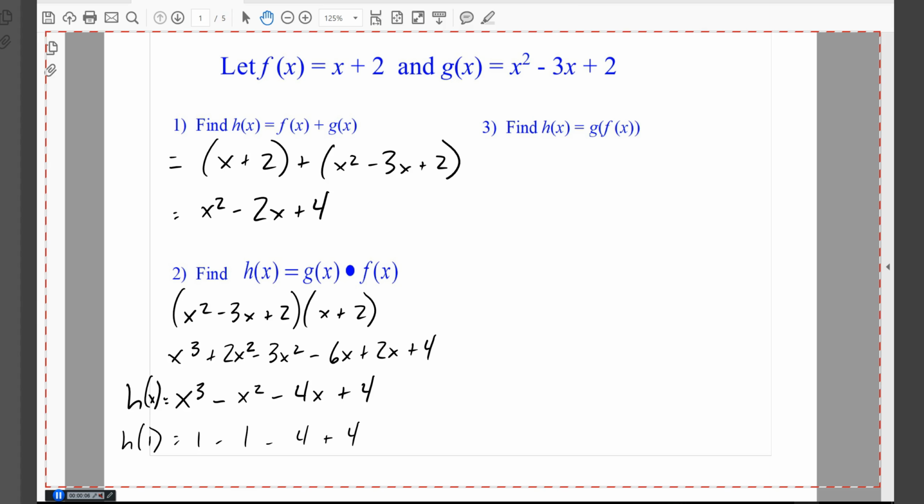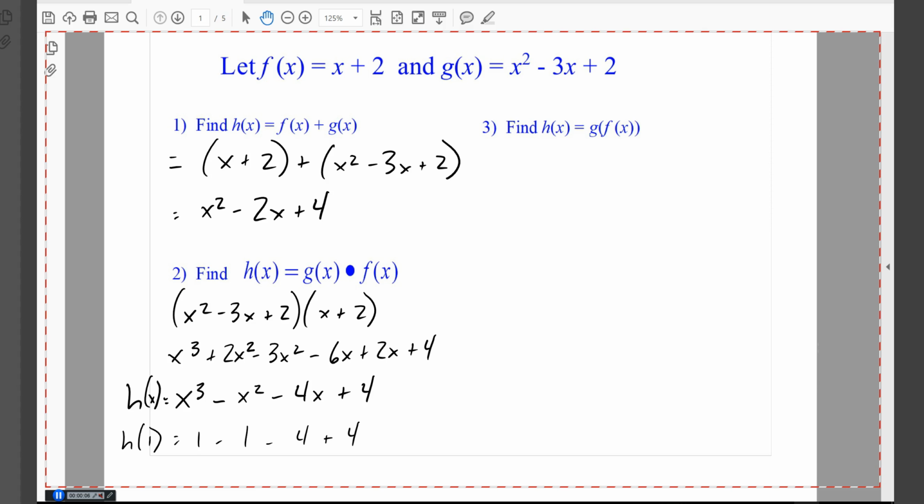So if I plugged it in here, 1 plus 2 is 3, and then this would be 1 minus 3 plus 2. So that would end up being 0. So 0 times 3 is 0. Okay, same idea. You could do that instead of plugging a number in here, solving this one, plugging the same number in here, solving this whole one, and then multiplying those two results together. You can just plug it into this function to end up with the same result. Okay.